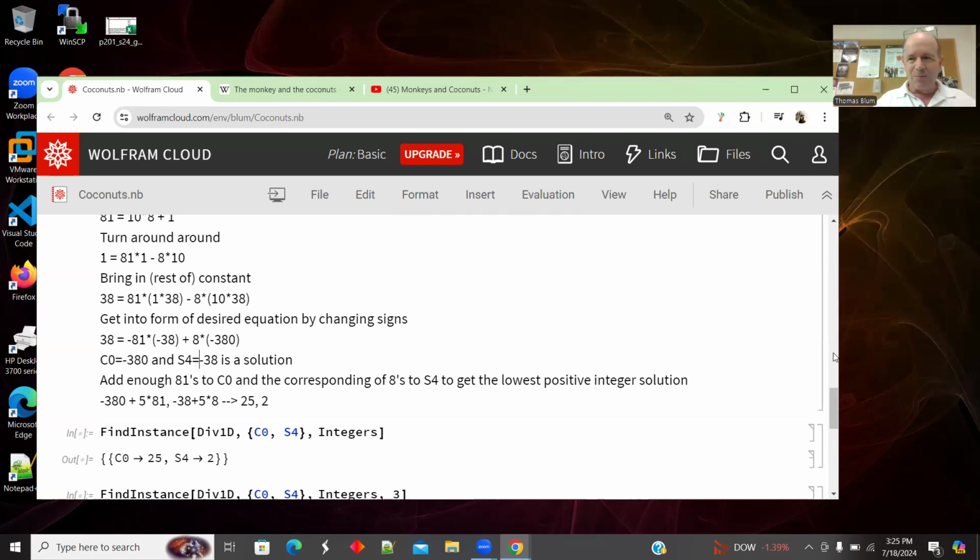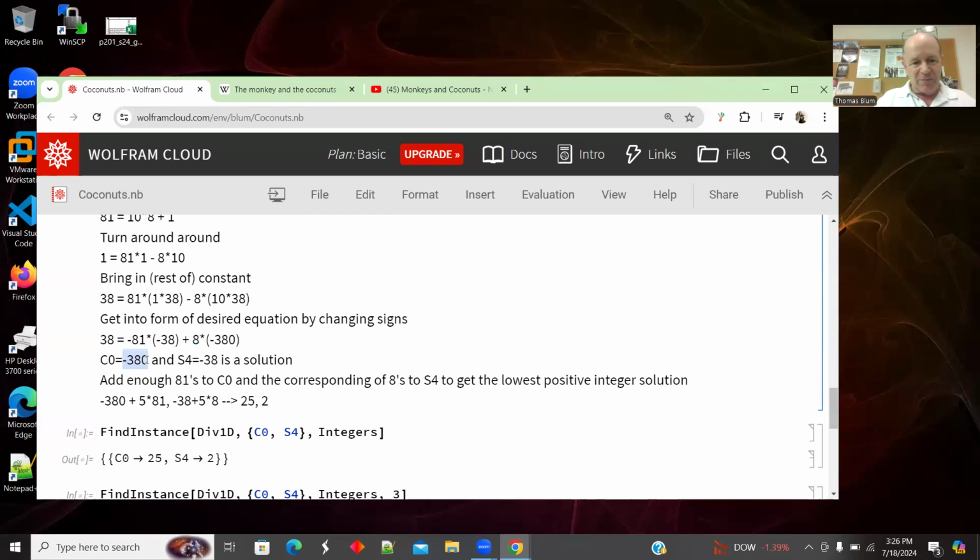I don't like to use it as much when I have no idea what it's doing. So I wanted to convince myself I knew how to do this. Okay, and then I'll show you how to do it in Wolfram, and it will give you the answer in 2 shakes.